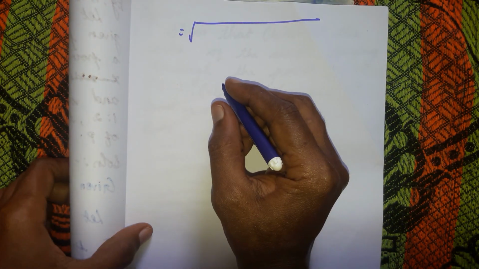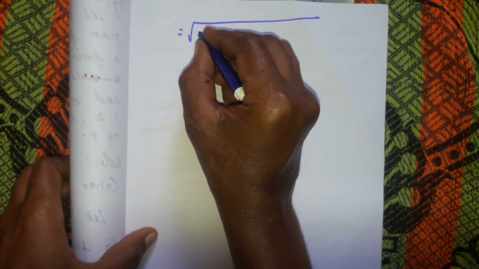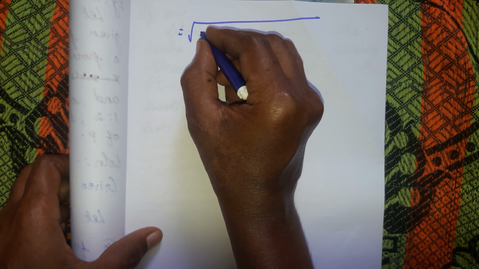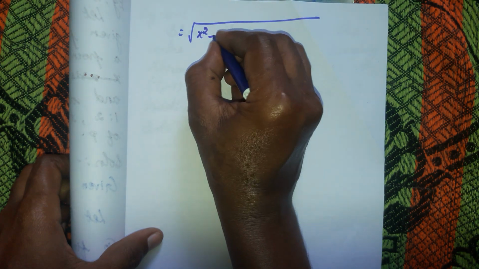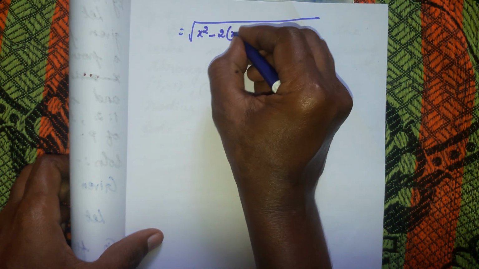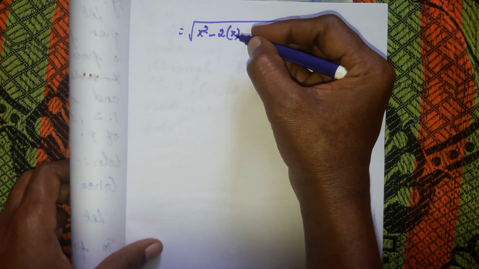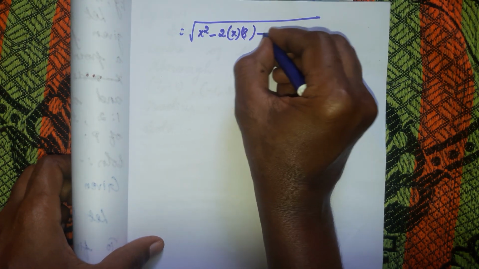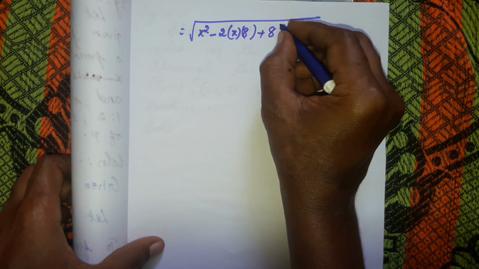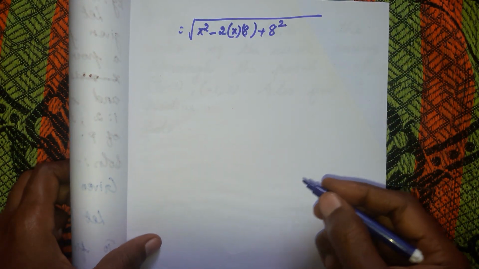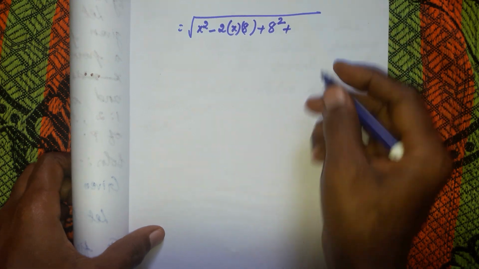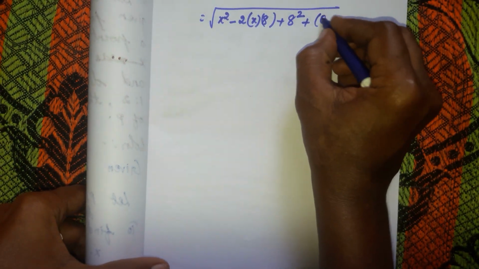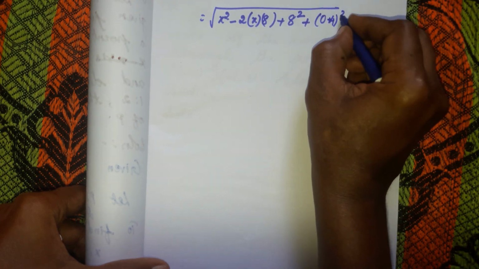Then what is x minus 8 the whole square? Here also we have to use the A minus B the whole square formula. So x square minus 2 into x into 8 plus 8 square. Next, 0 minus of minus 4 is 0 plus 4 the whole square.